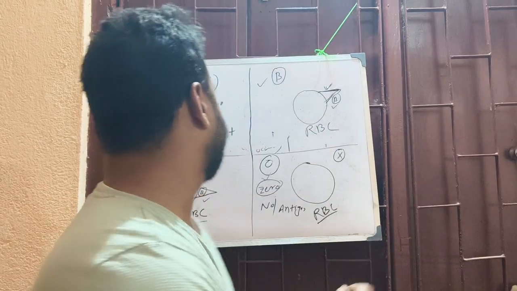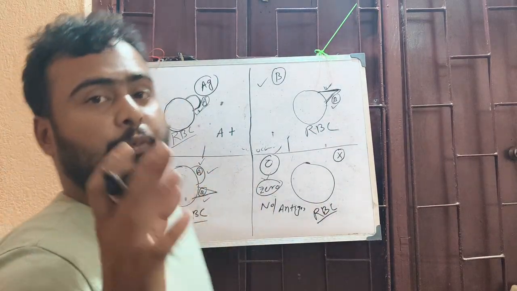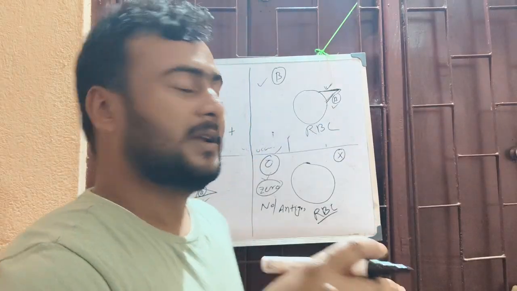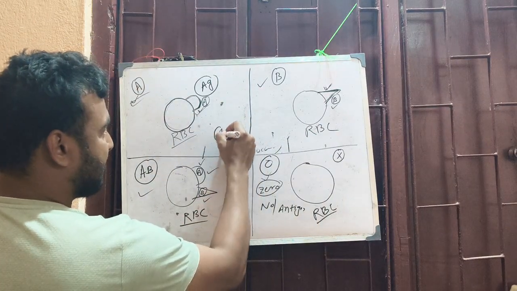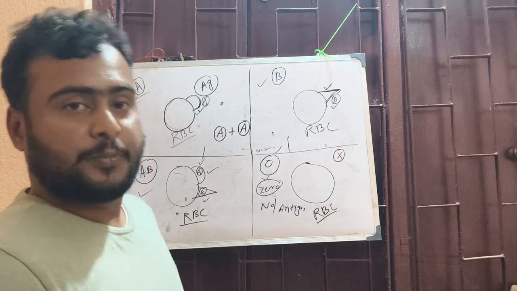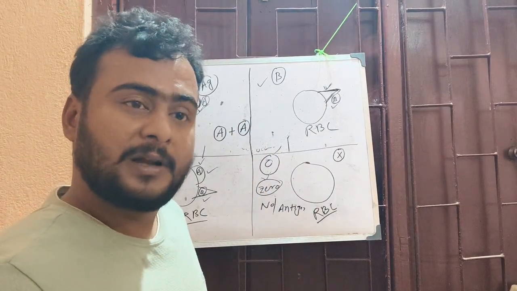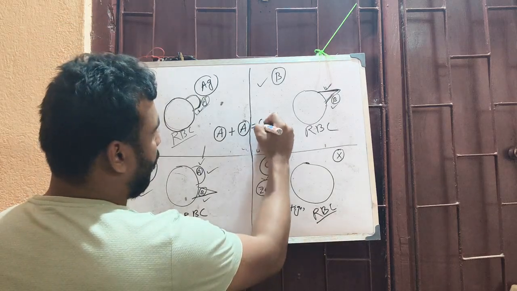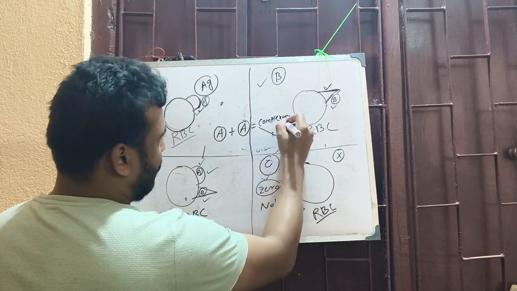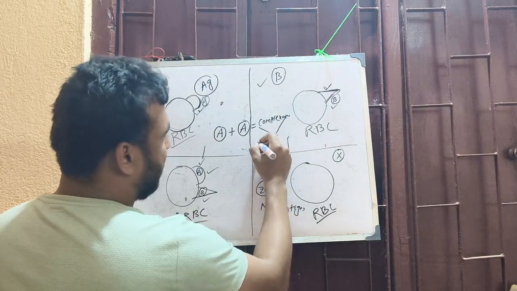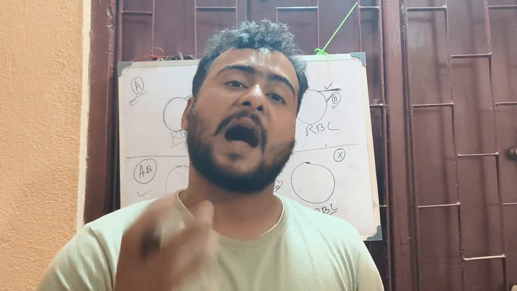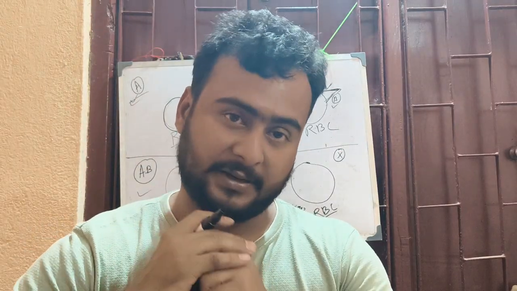Suppose A antigen is already there, and from the plasma A antibody is being produced. What will occur? There will be complexation, and there will be rupturing. Rupturing means agglutination will occur, meaning the RBC will be destroyed.